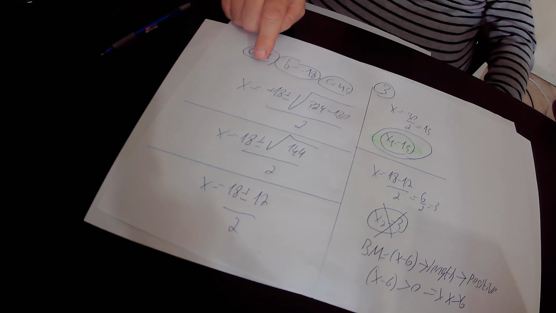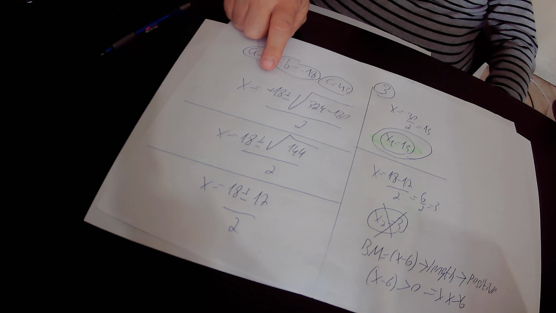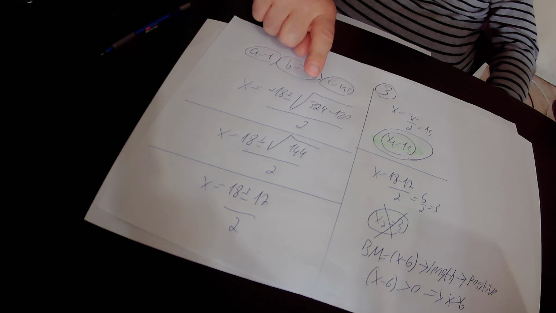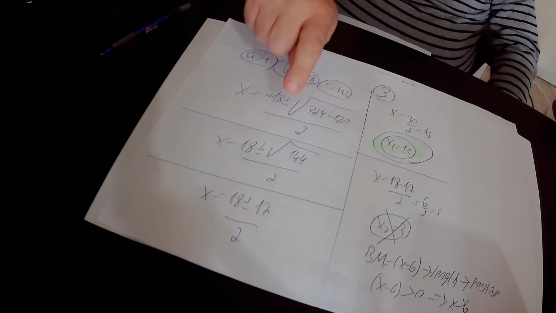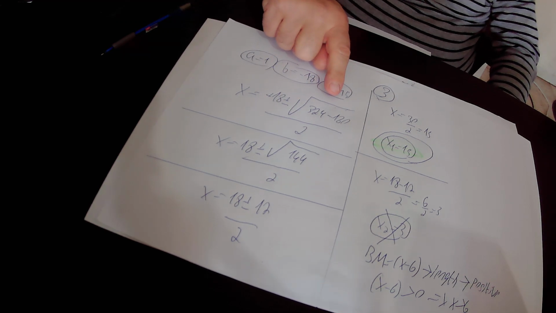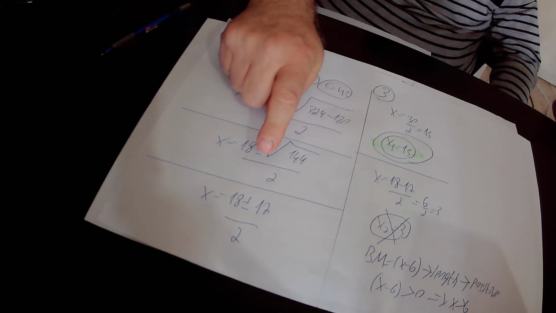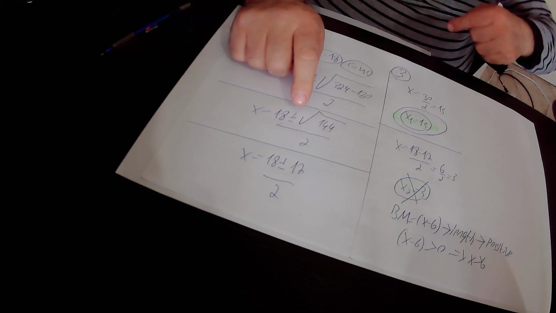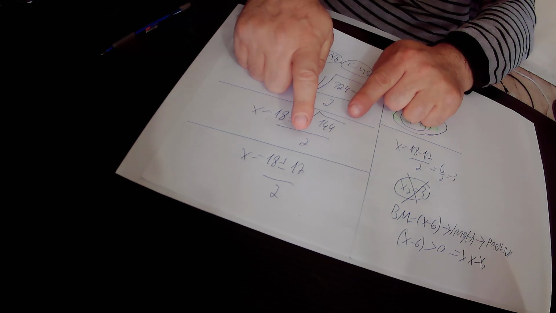So we found out that x equals 18 plus or minus square root of 324 minus 180, over 2. So x equals 18 plus or minus the square root of 144, which is 12, over 2.